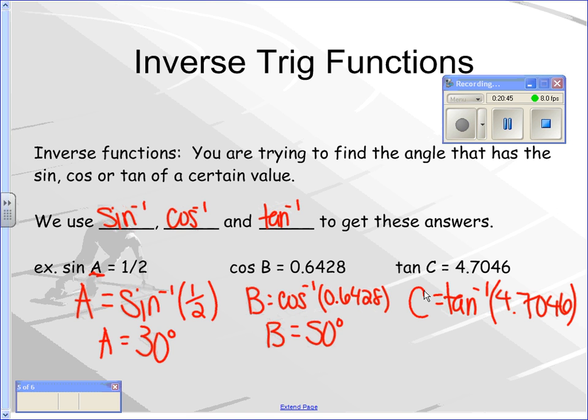So two different things. Y'all get 78 for tangent inverse of, or what C equals? Any questions so far? Y'all see how that works? Okay.